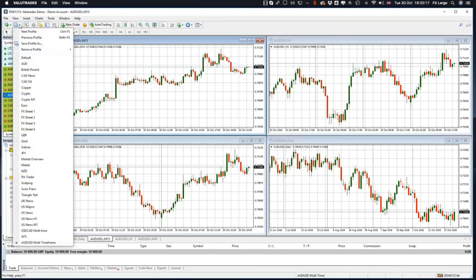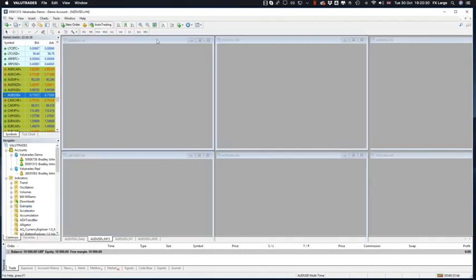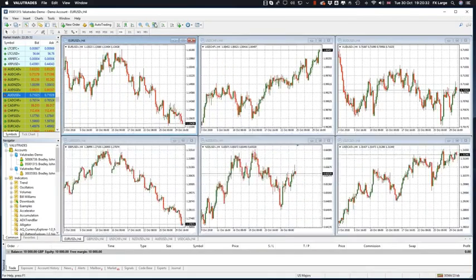I personally use a lot of profiles. You can see all these listed here. I use them for a variety of things. If I want to watch simply the US majors, I've got a US major profile. So it's got Euro dollar, Pound dollar, Kiwi dollar, Dollar Swiss, Aussie dollar, and Dollar CAD.